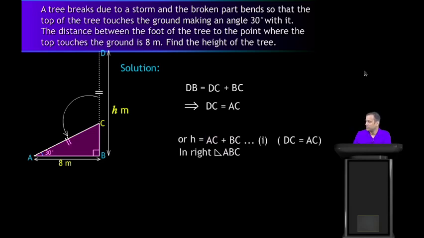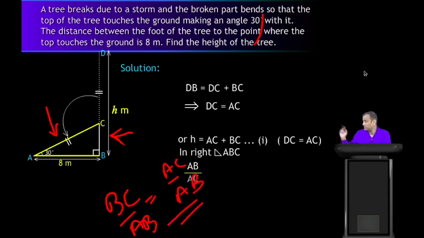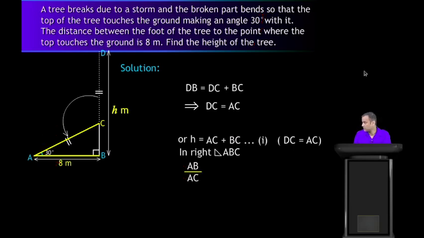Now in right triangle ABC, here we can choose any value because we can find this value or we can find this value. So we can use BC upon AB or we can use AC upon AB. So we can choose any value. Here we are choosing AB upon AC. So AB upon AC, this we are picking.